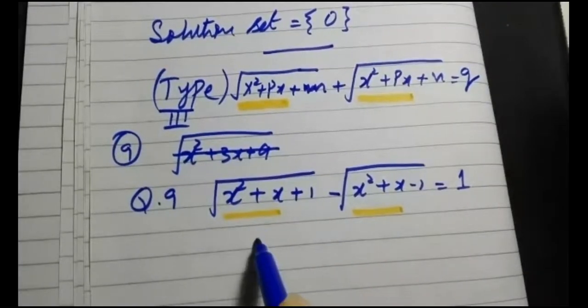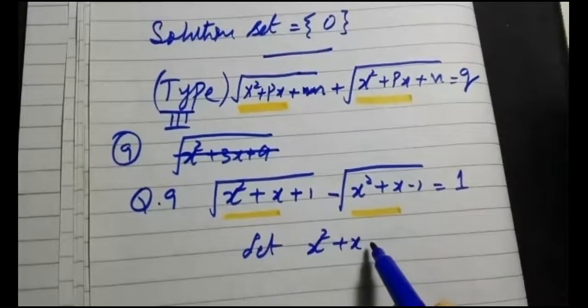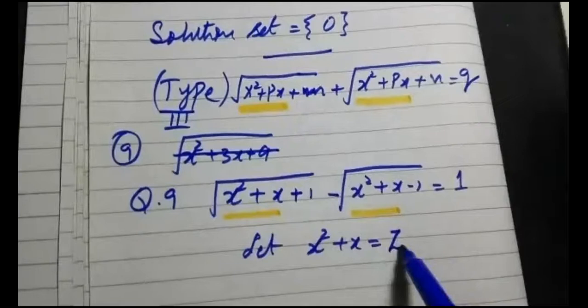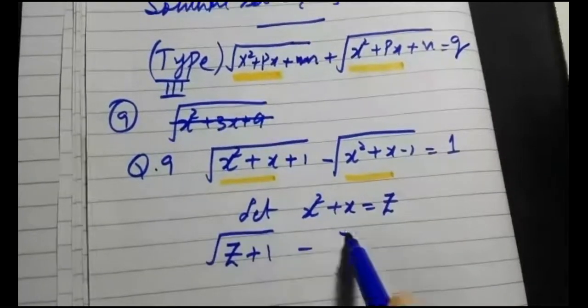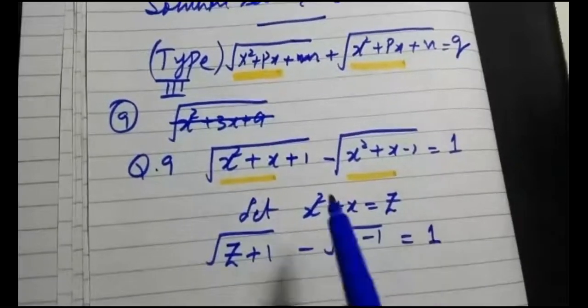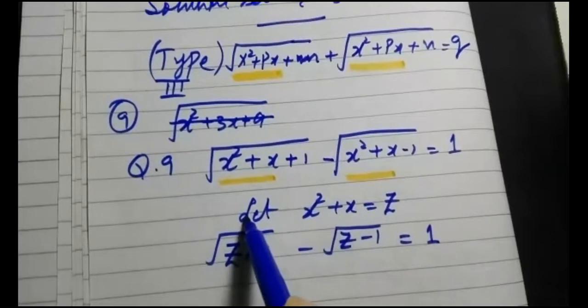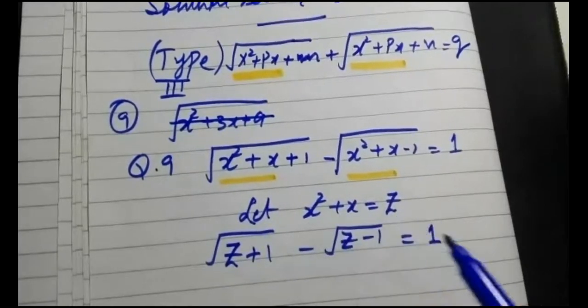So what you have to do is rename it. X square plus x will be labeled as some other variable, for example z, and it will become the square root of z plus 1 minus the square root of z minus 1. Once you perform it, you substitute x square plus x equal to z, t or y or any other variable.